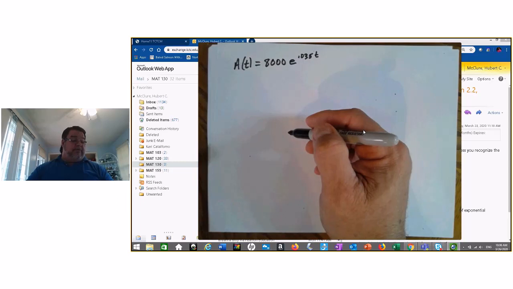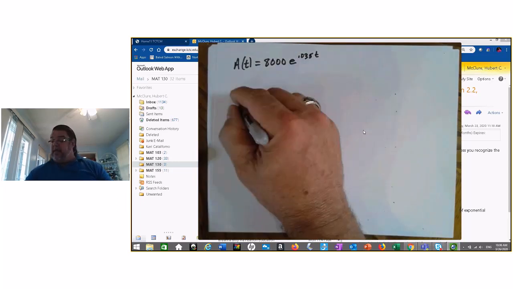Find the derivative. Okay, so find A prime of t.